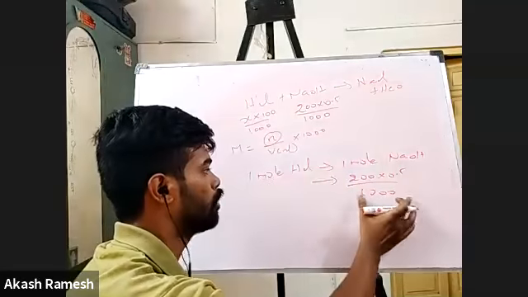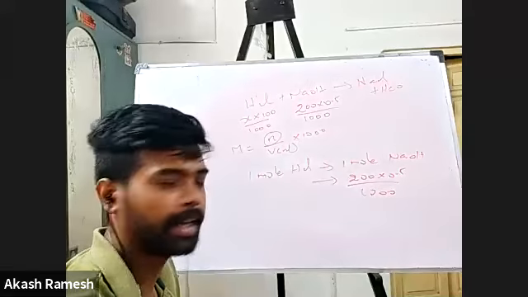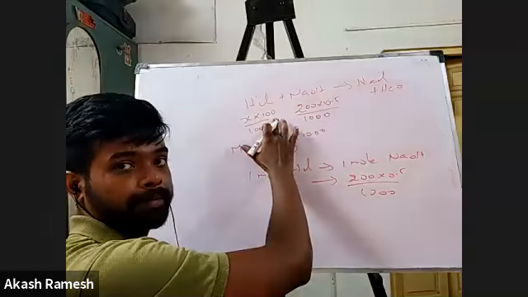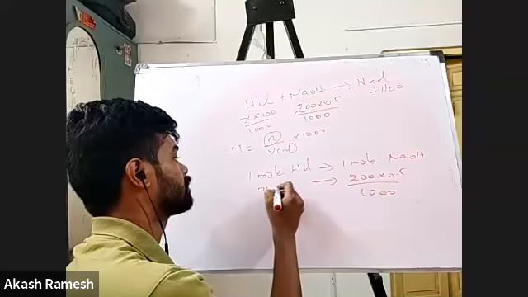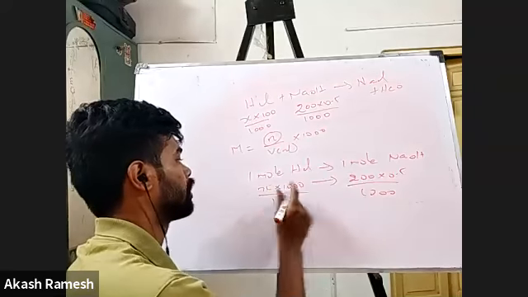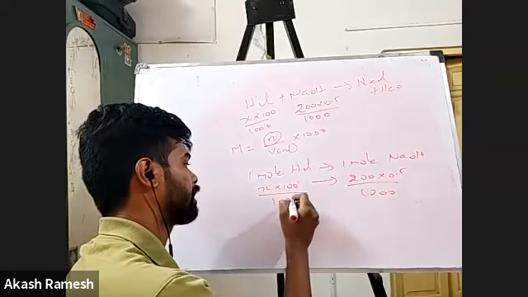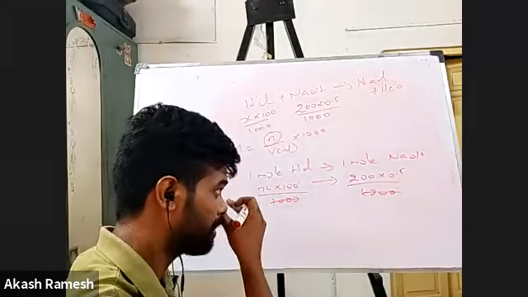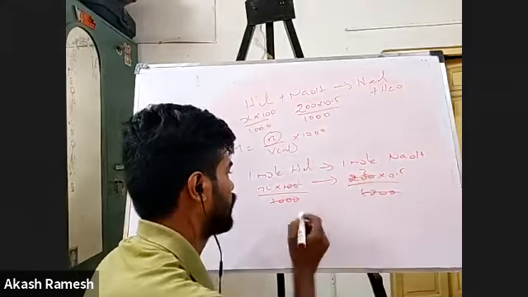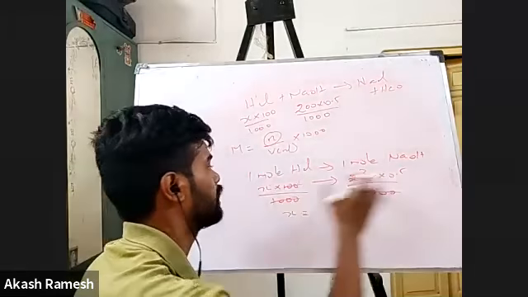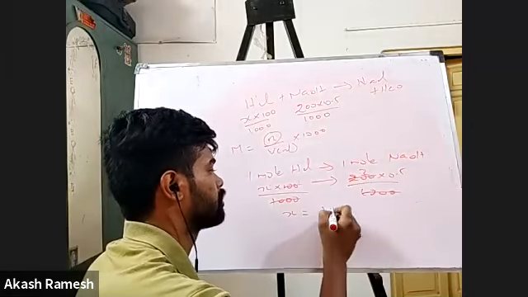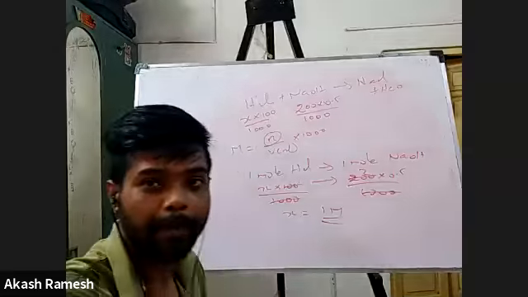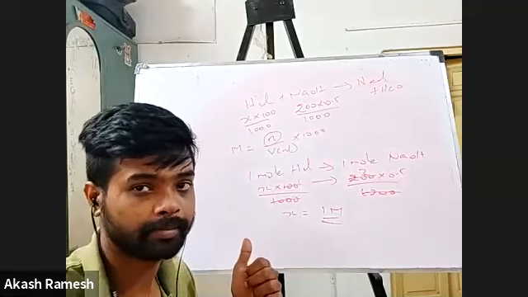So the 1000 I can cancel, and now I'll be able to easily find the X value. Can I say X will be 2 into 0.5, which is 1 M? X is the molarity, right?